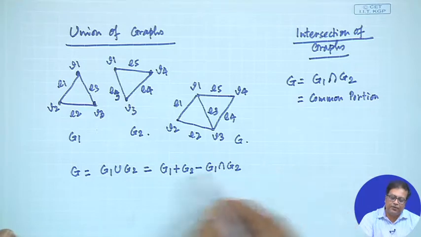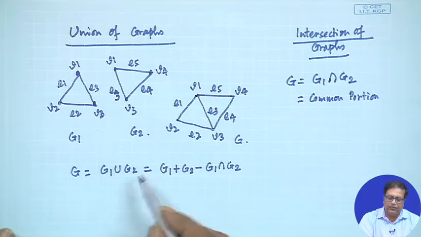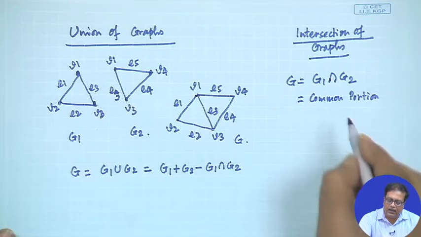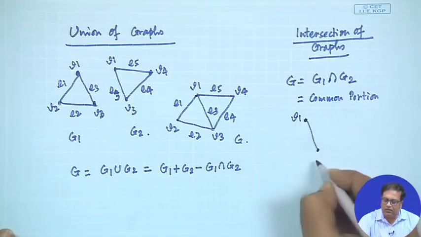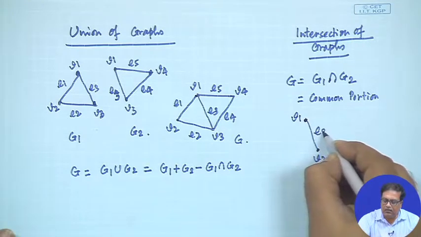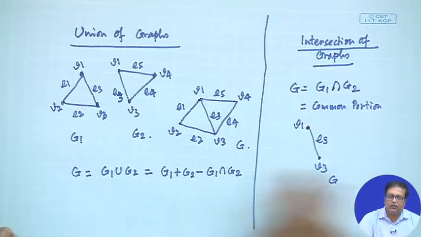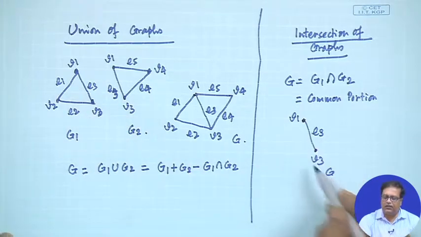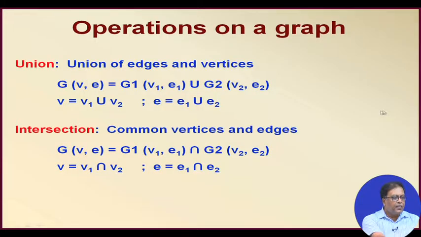It is this line only, that is V1, V3 and E3. So, this side is union, this side is intersection. If you only look at the common portion, that can be called the intersection of graphs.